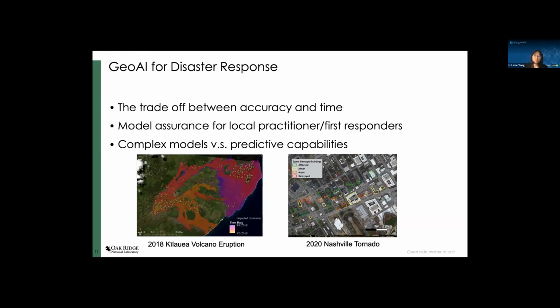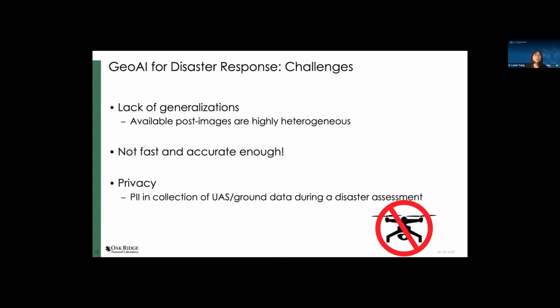And also in these 2 events, we received so many different post-event images, which means that we were dealing with highly heterogeneous data. At the same time, we had no corresponding label data available to help us do accurate damage assessment predictions.